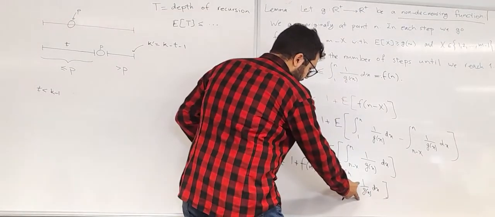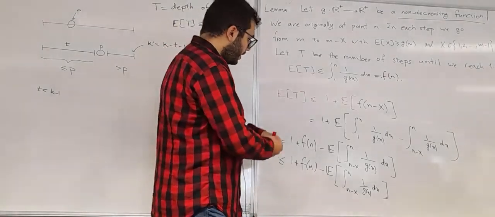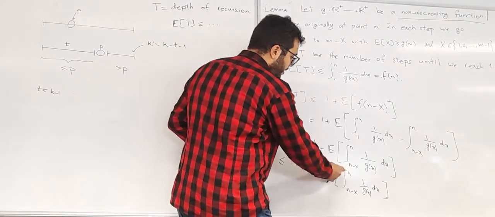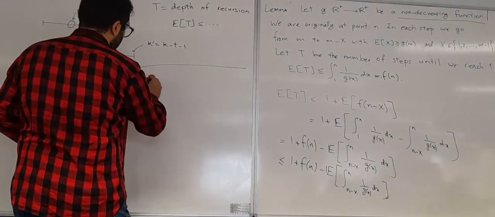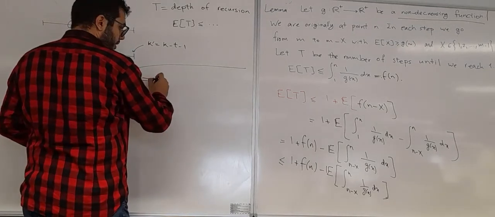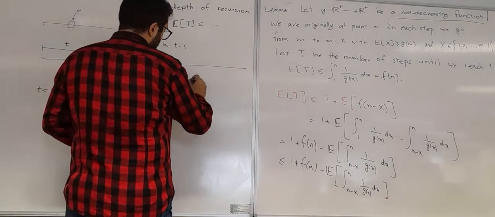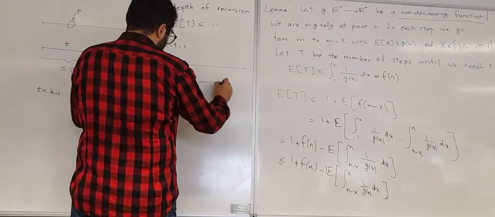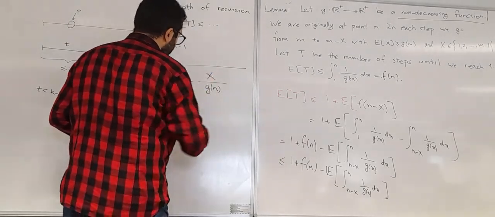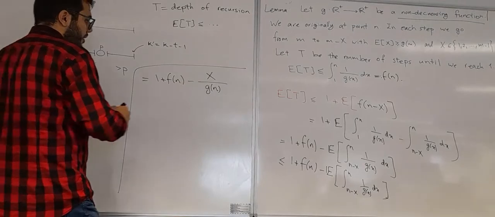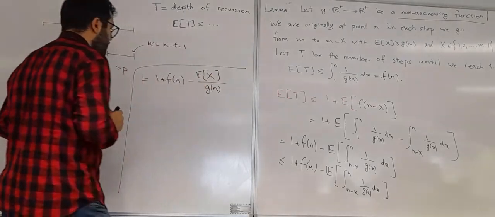But this is a constant, and I'm integrating a constant from n minus x to n. So I just get the length of the segment times this constant. So this is equal to 1 plus f of n minus 1 over g of n, which was the constant, times the size, which was just x. But I'm also taking expectation, so I have to write it like this: expectation of x.